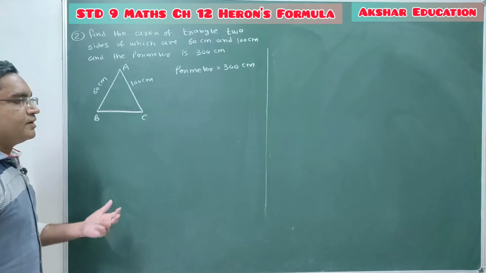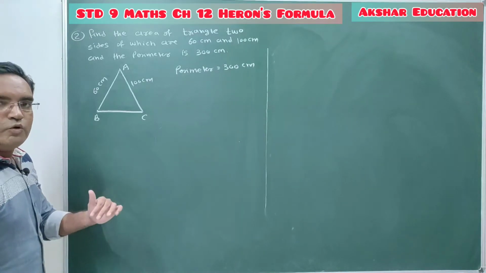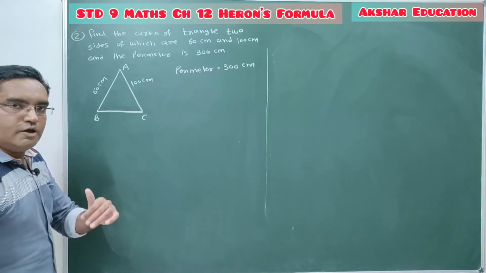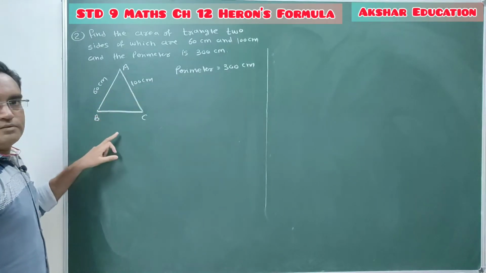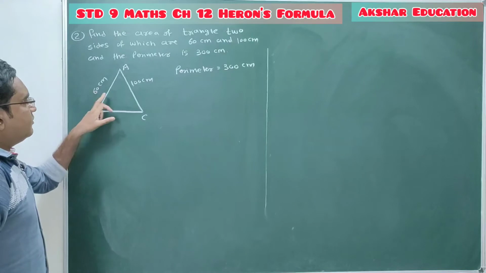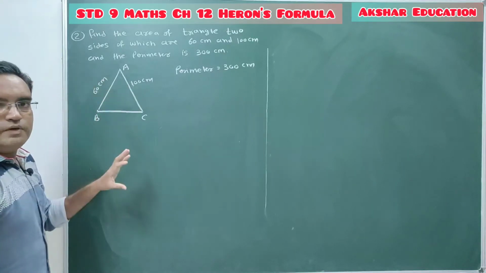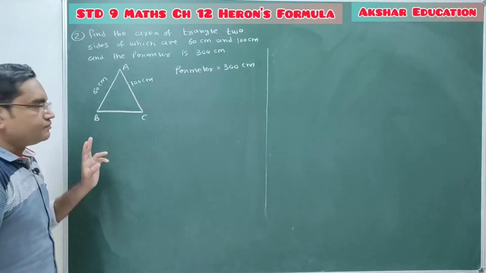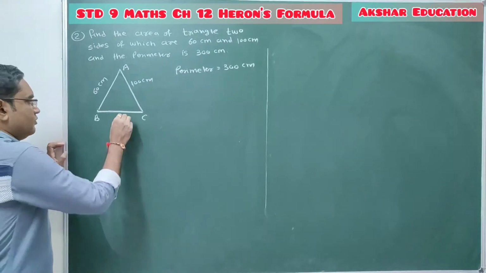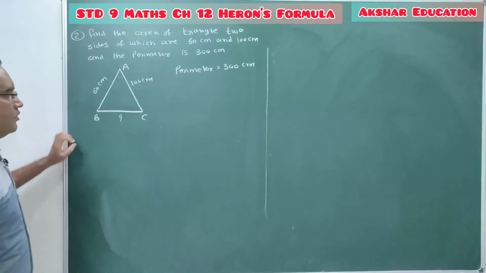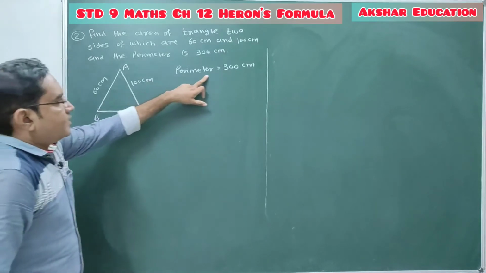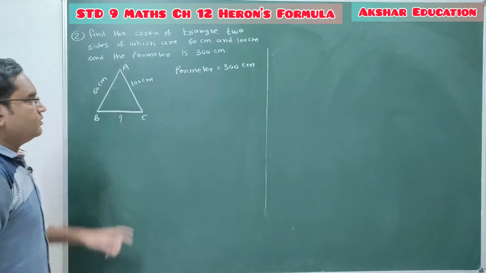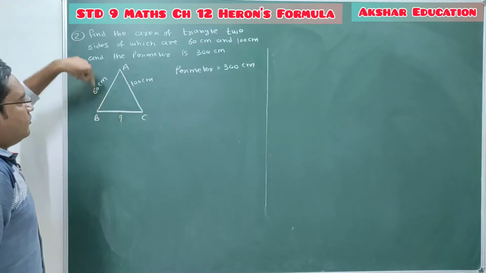What we discussed in the last sum is that if you want to apply Heron's formula to find the area of any triangle, we require the measure of all three sides. Here, instead of all three sides, we are given only two sides. So we require the measure of this third side. To find it, additional data is given, which is the perimeter. Perimeter means the sum of the lengths of all sides.